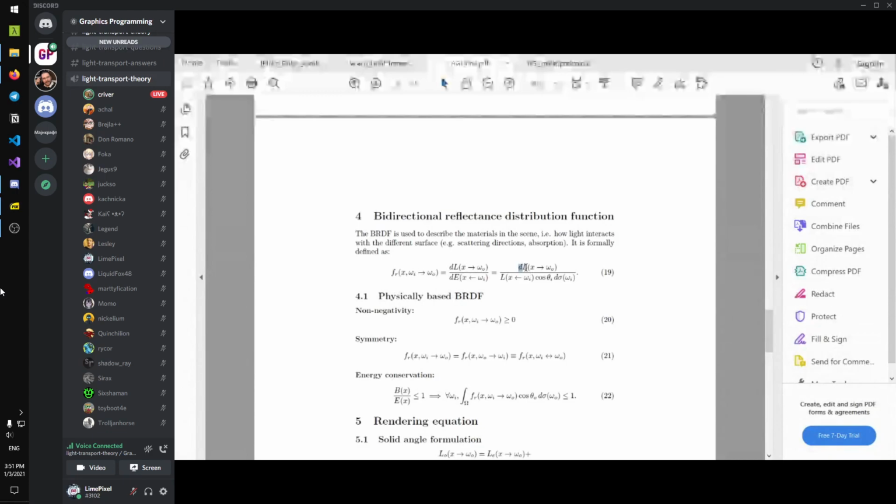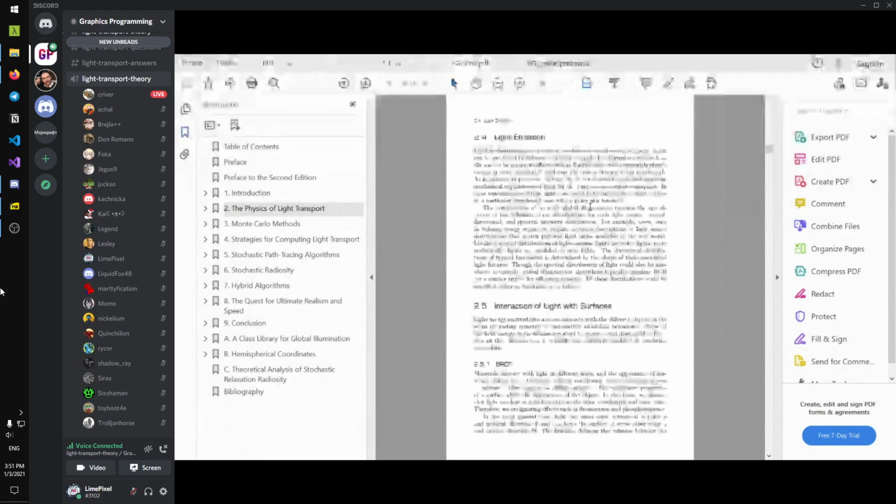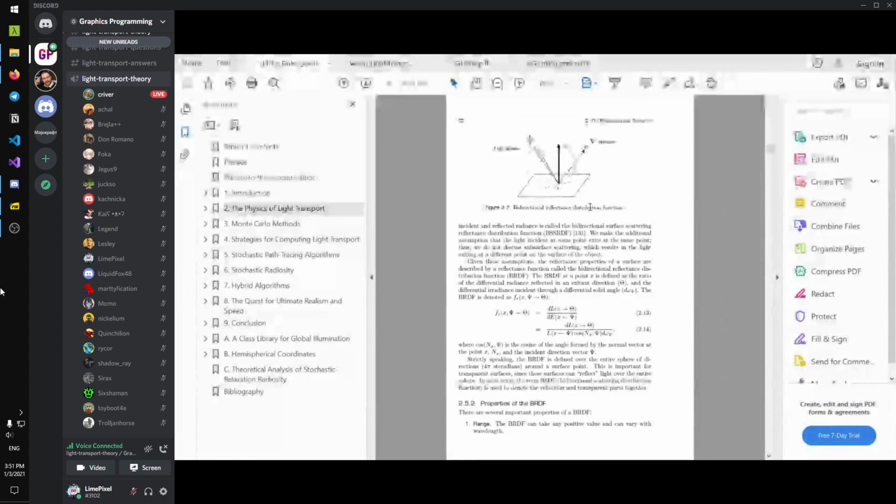And it will become clear why you need this here from the rendering equation, but let me go to the book also, just to show where this is.